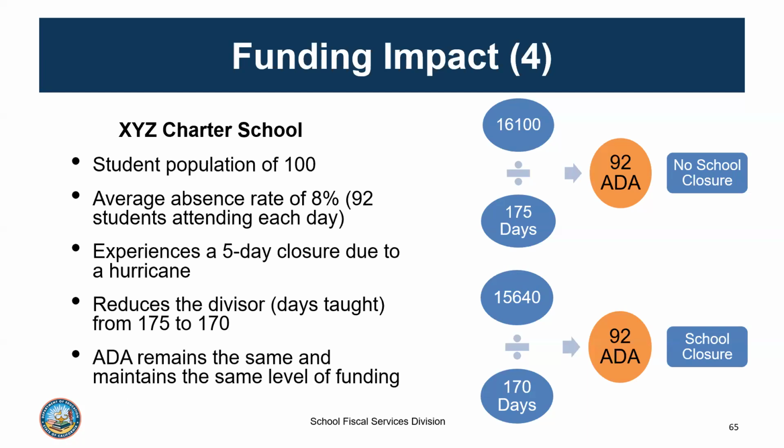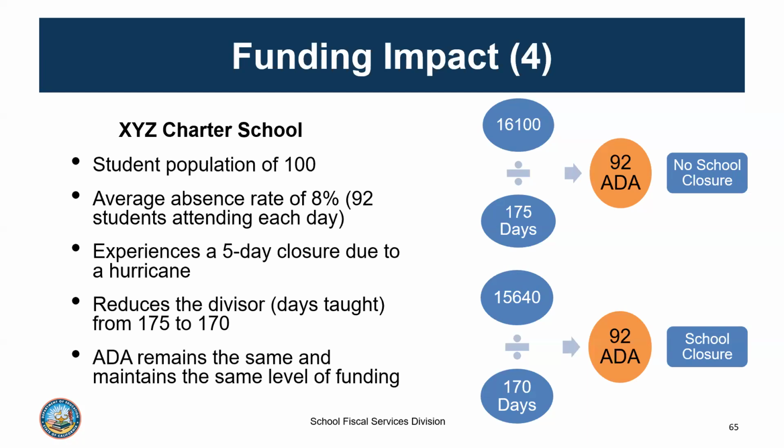Over the planned 175 instructional days, the total days of student attendance would be 92 students multiplied by 175 days, which equals 16,100 days of attendance. This total attendance of 16,100 days is then divided by the divisor of 175 days taught, which equates to 92 ADA.